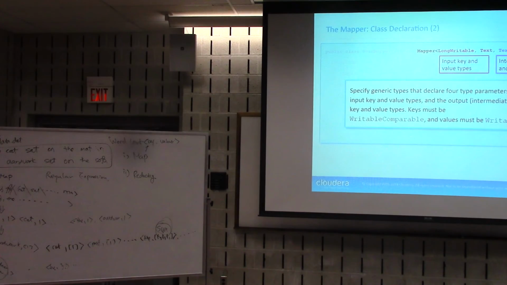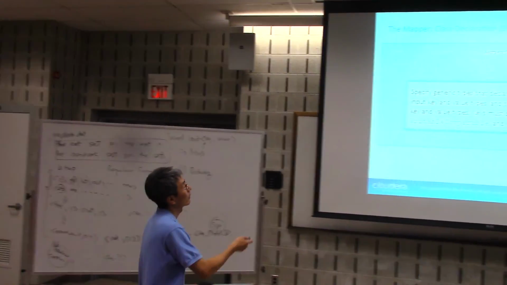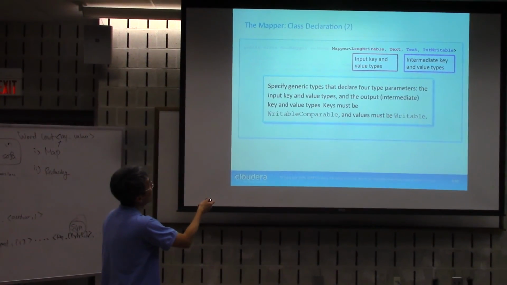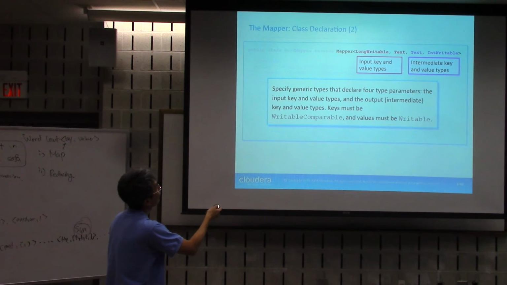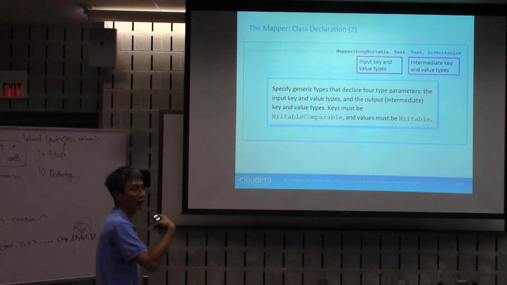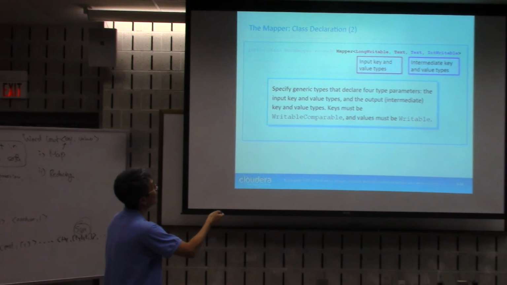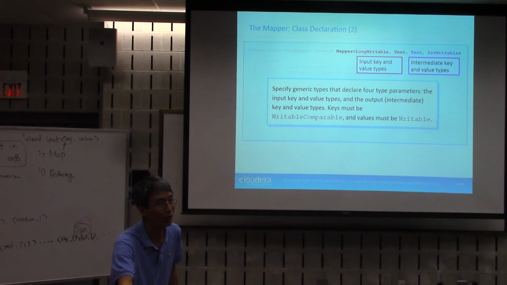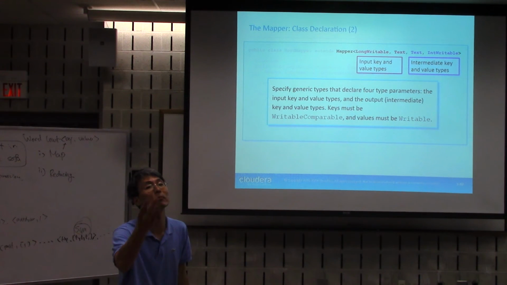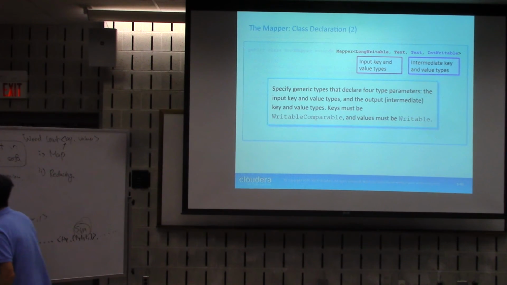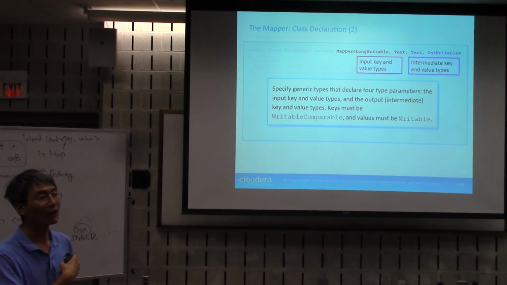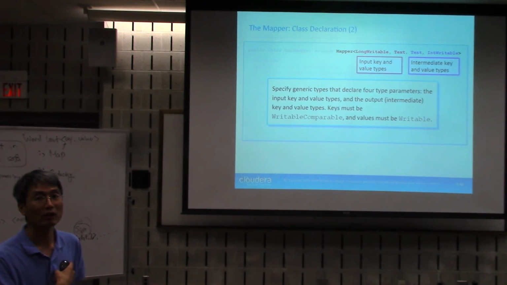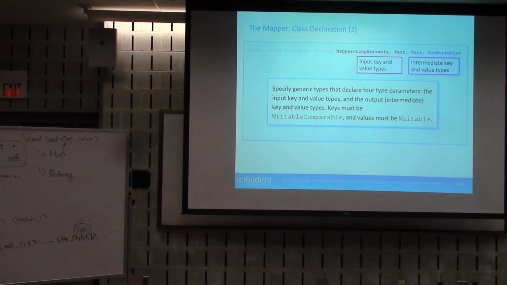Then you need to specify the key value types. The first pair is the input key and value, and the second key value pair is the output of the mapper, which means the intermediate format. This one should be matched in the driver also. That is the reason the design part is very important.